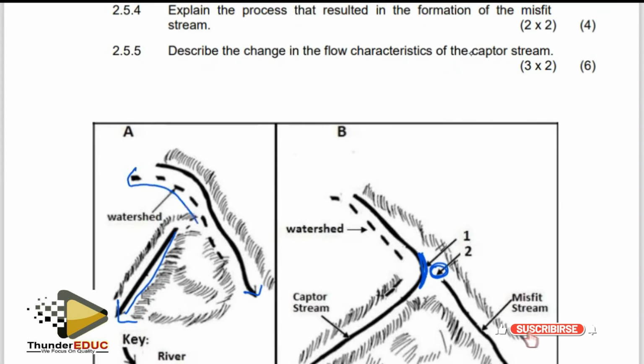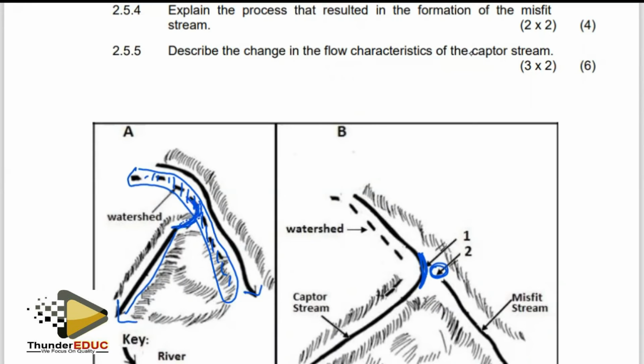Figure A: a high-lying area which separates two different rivers or different basins. So you can see that this river was able now to erode backward through this watershed and was able now to intercept the other river.